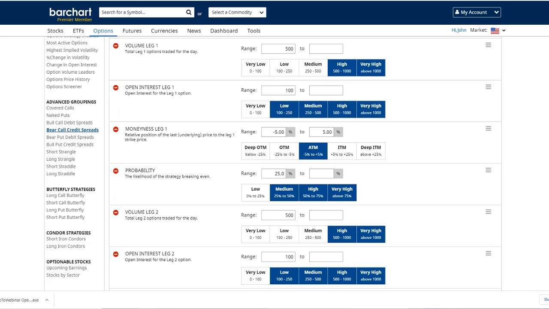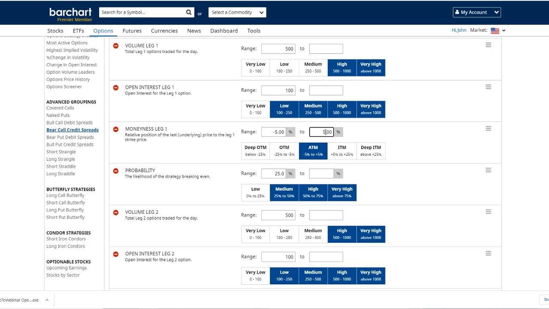Okay. The other thing that we touched upon was that philosophy of in the money, at the money, and out of the money. And so here you can see under our moneyness for our first leg, we have a range which is slightly, minus 5%, slightly out of the money, to 5% slightly in the money. So what we said was we're going to look at a more conservative view, where we're going to look at just at the money, right close to current price, to slightly out of the money.